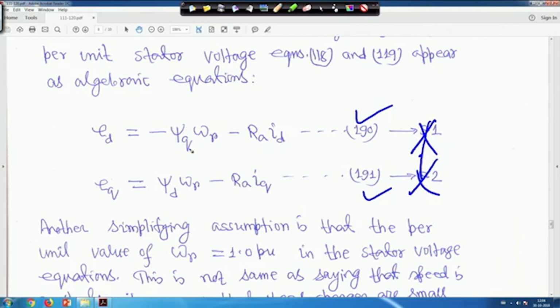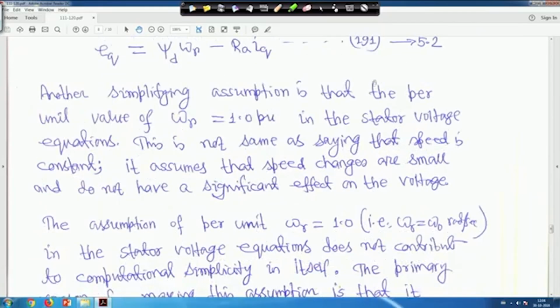Therefore, E d will be minus psi q omega r minus R A I d, and E q will be psi d omega r minus R A I q, after dropping the p psi d and p psi q terms. Another simplifying assumption, we have to make many assumptions, is that the per unit value of omega r is taken as 1.0 per unit in the stator voltage equation. This is not the same as saying that the speed is constant; it assumes that speed changes are small and do not have a significant effect on the voltage. So this sentence is very important.